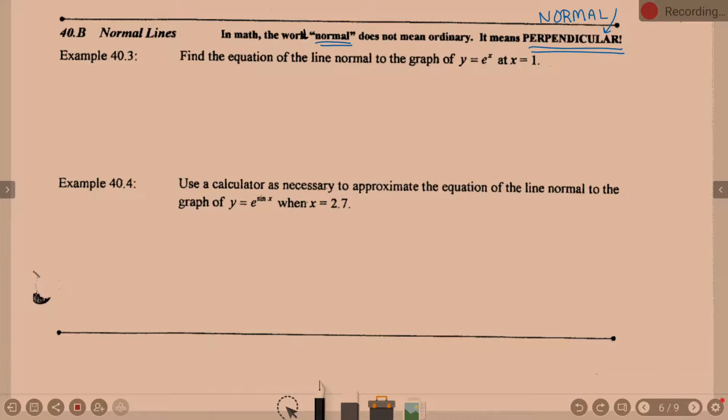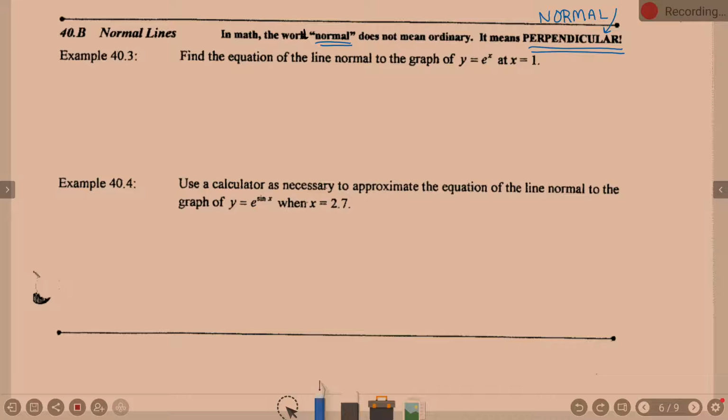I don't know if you guys can see it or not, but it should say normal there. Okay, so this goes back to using the calculus we already know, going back to some of your algebra skills and putting it all together. Find the equation of the line normal to the graph of y equals e to the x at x equals 1.